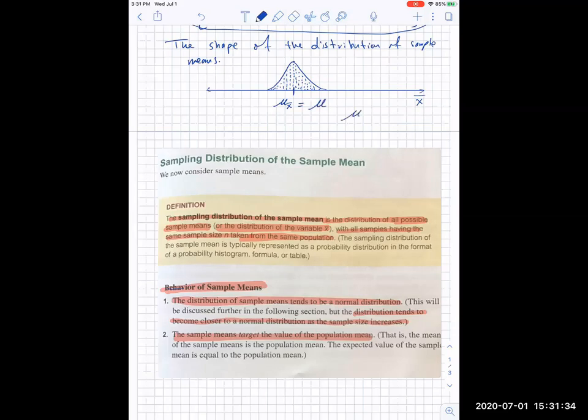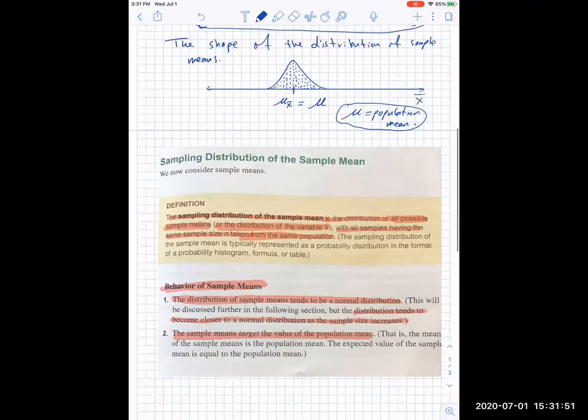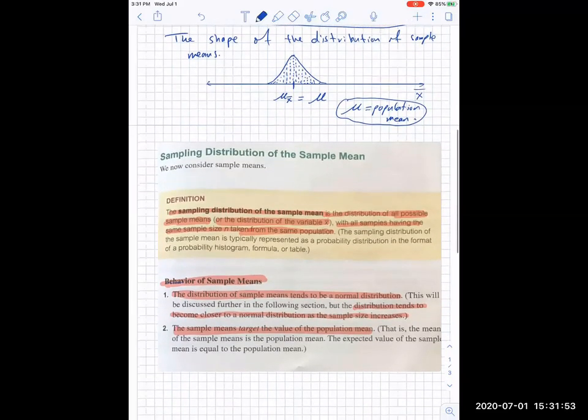Remember, we use mu for the population mean. That's a very, very important result: the sample means target the value of the population mean.